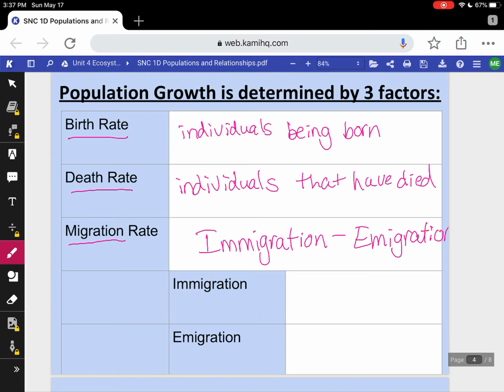And the difference between immigration and emigration is that immigration is individuals joining the population, and emigration is individuals who leave the population.